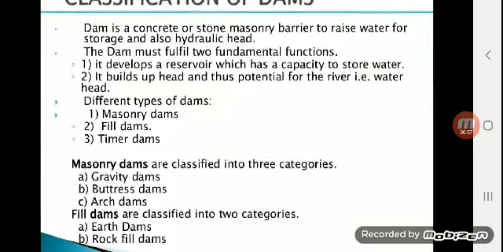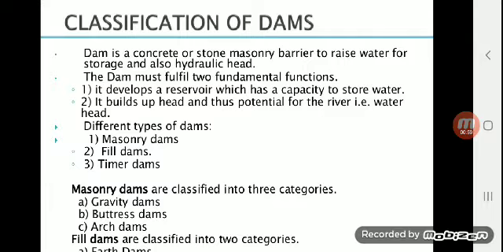So the classification again. A dam is a concrete structure to hold the water in the reservoir behind the dam, and we have to maintain a level in the reservoir. We also have to allow the water coming in the stream to go downstream, and the river should keep flowing as well.